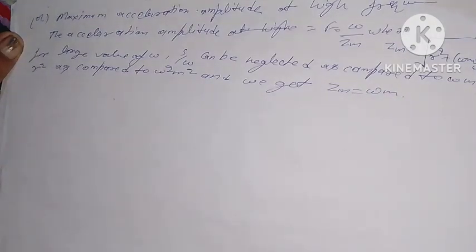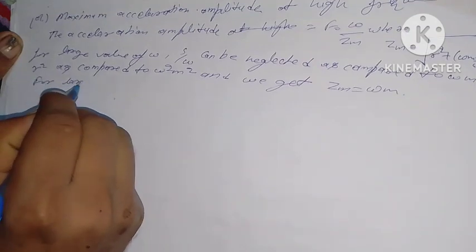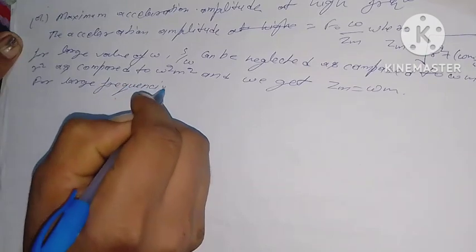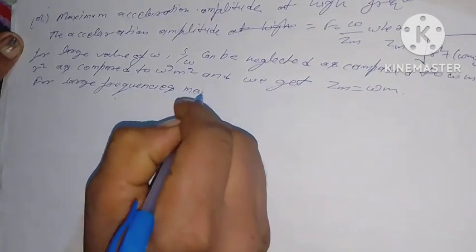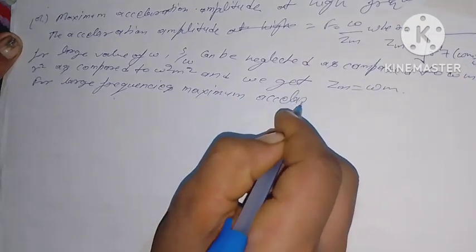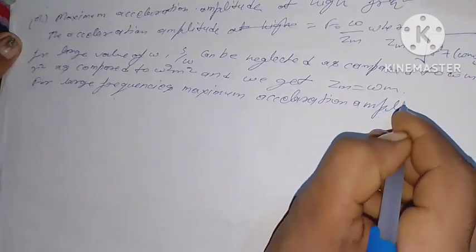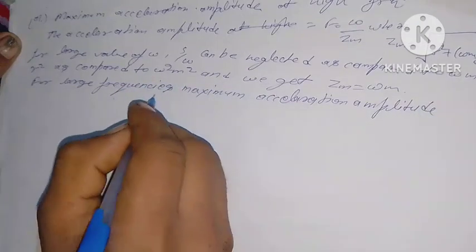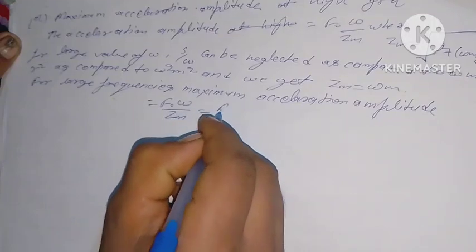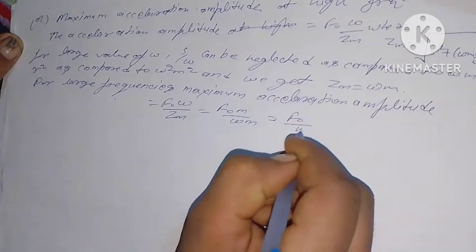For large frequencies, maximum acceleration amplitude equals f naught omega by Zm, equals f naught omega by omega m, equals f naught by m.